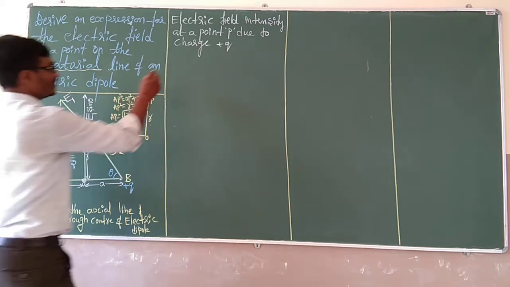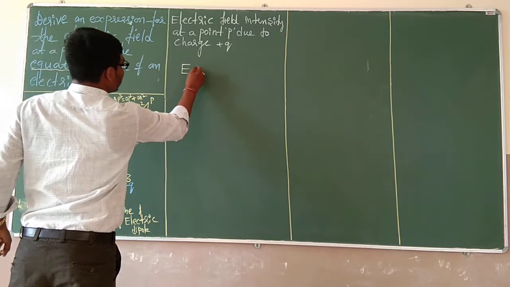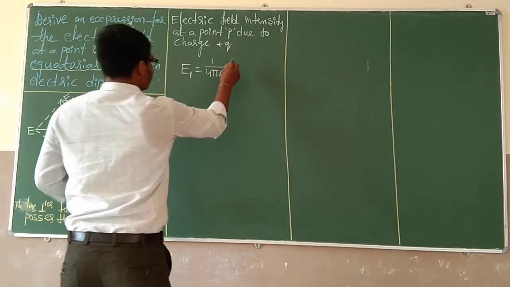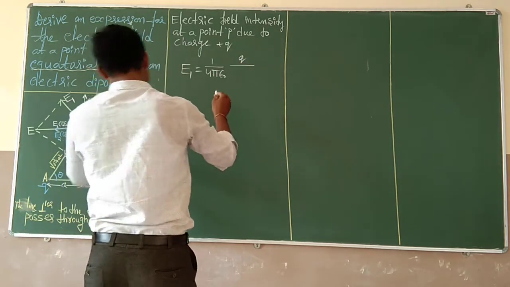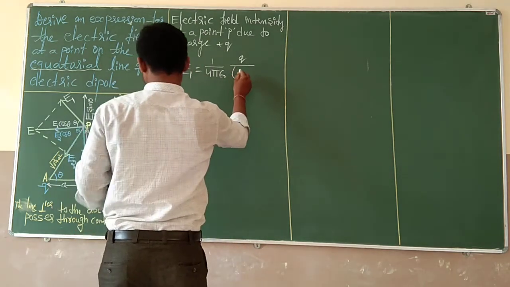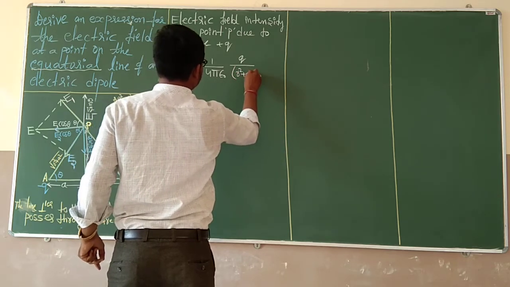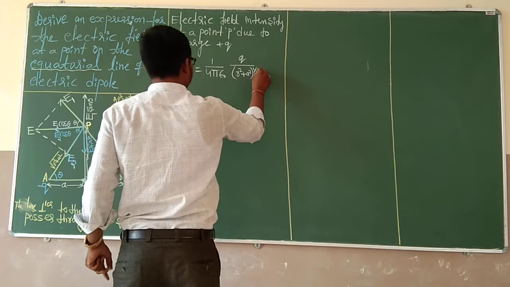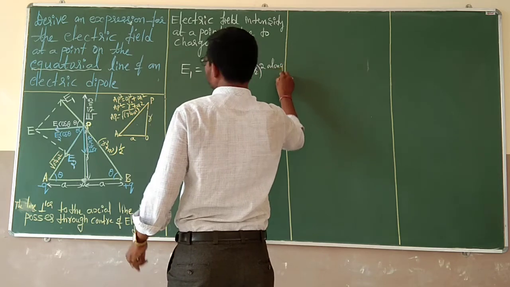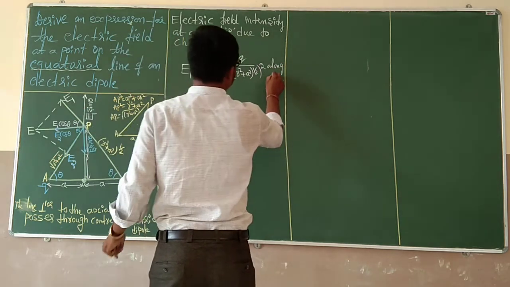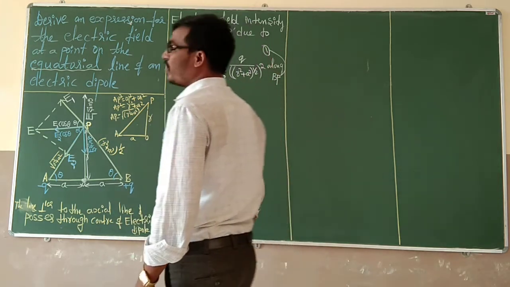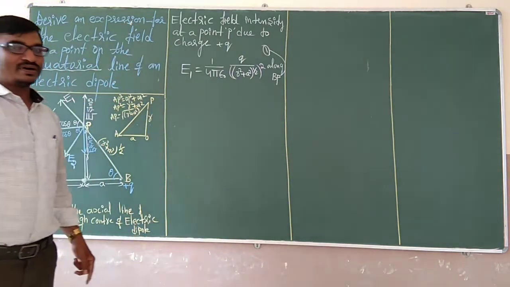That is E1, equal to 1 divided by 4 pi epsilon naught, charge q, divided by the distance from B to P, which we know is (r square plus a square) whole to the 1 by 2, whole square, along BP. We consider this as equation number 1.